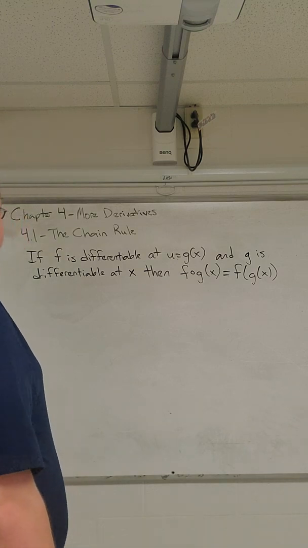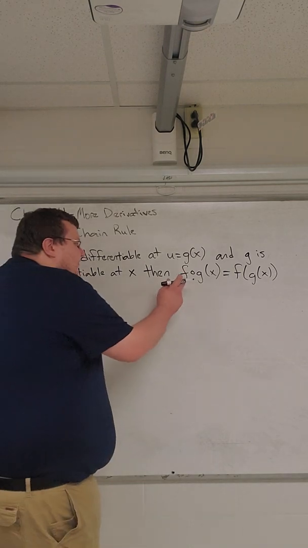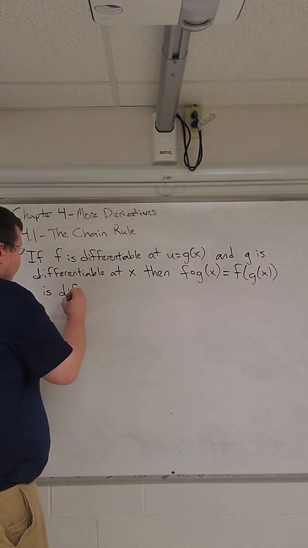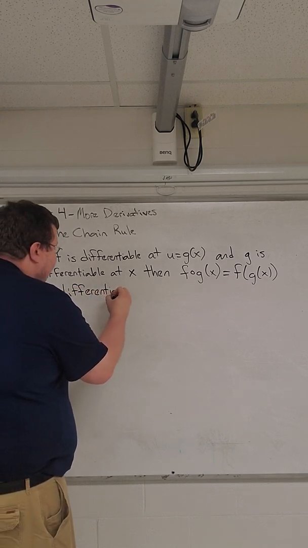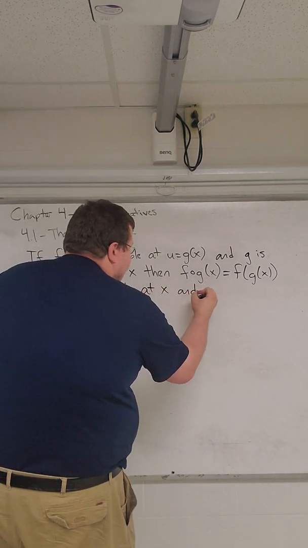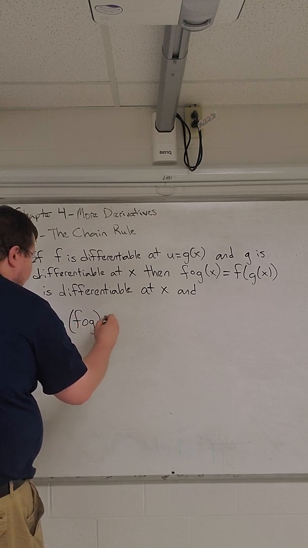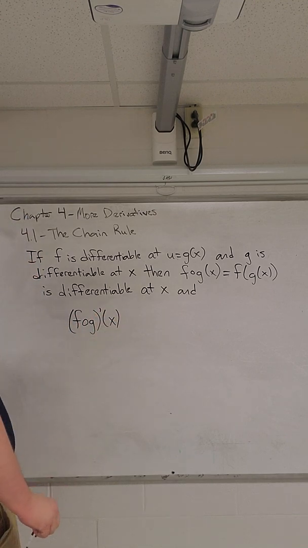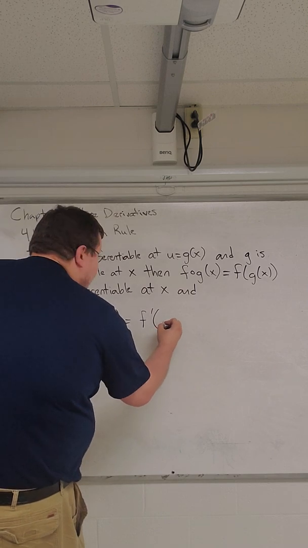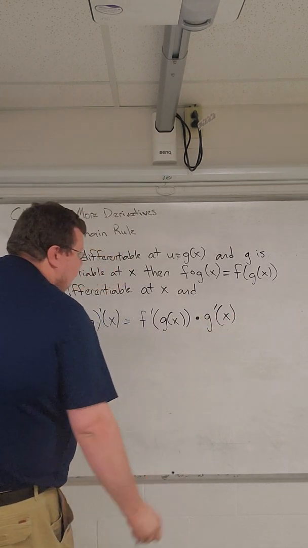So if f is differentiable at u equals g of x, and g is differentiable at x, then f of g of x, which is written in either one of those notations, is differentiable at x, and the derivative of this composition is equal to f prime of g of x times g prime of x.